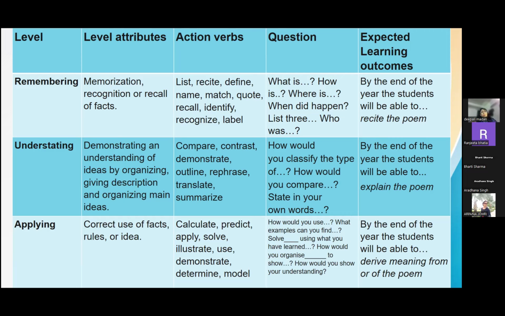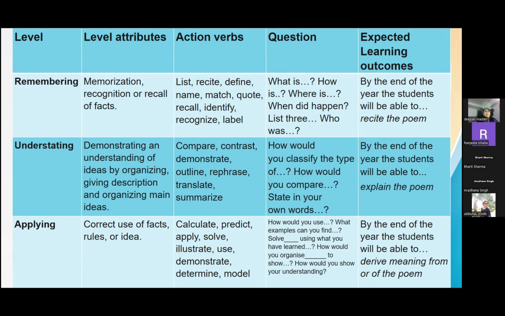Then the next section is understanding. This is a little higher level where they compare, contrast, demonstrate, and classify. If we are teaching a chapter or a poem, if they're thorough with this level, they'll be able to explain the poem. Then next we have applying.